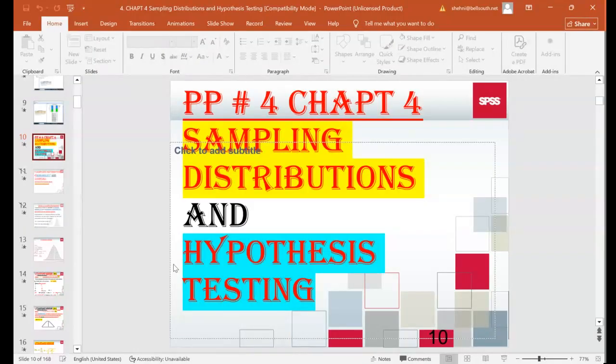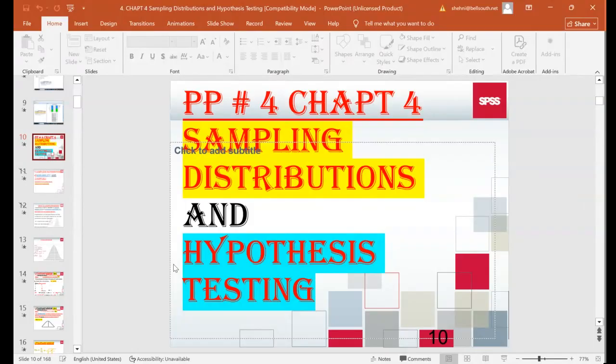This chapter is about sampling distribution and hypothesis testing. So I decided to divide it into two, but now that we can't use the first part, I'm going to combine both of them.